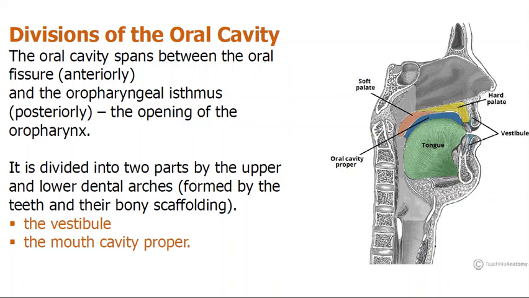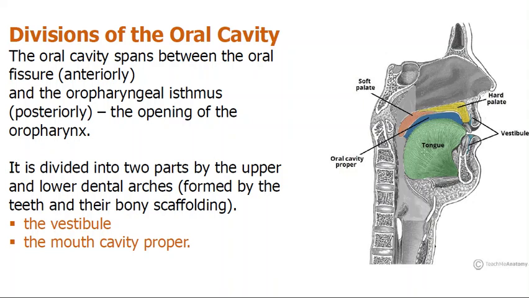I can indicate by the mouse here from the soft palate laterally there, and then to the epiglottis here, the oropharyngeal isthmus, which is the narrowing of the cavity to communicate with the pharynx here. We call it the oropharynx here when it is communicated anteriorly with the oral cavity proper.